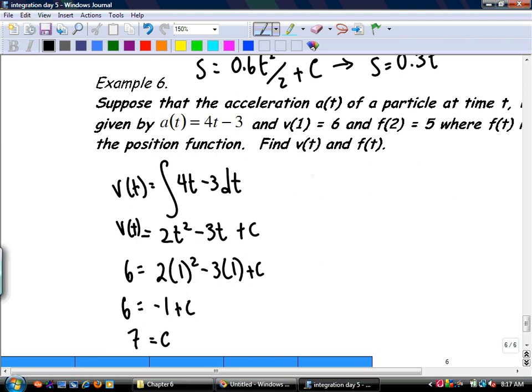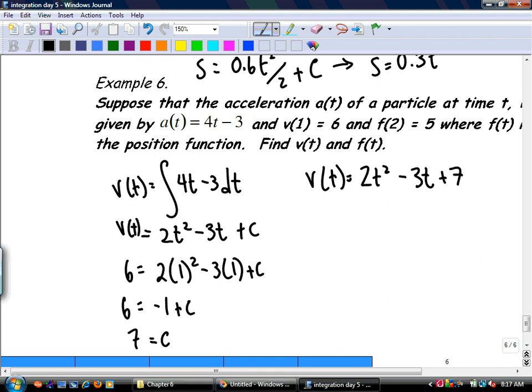So your new formula is v of t equals 2t squared minus 3t plus 7. And how do you find f of t?